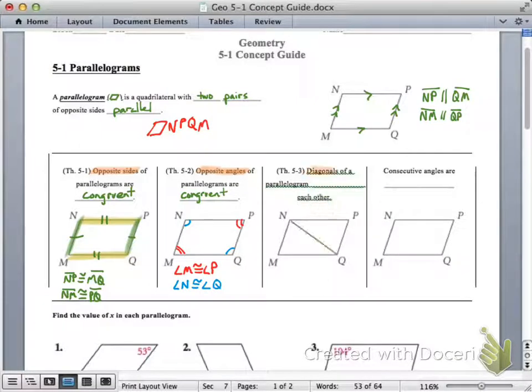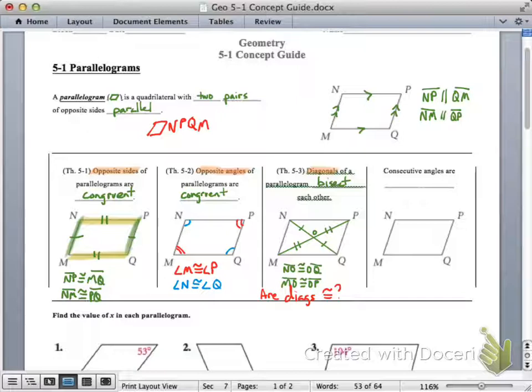The diagonals of a parallelogram, these are the diagonals. NQ is one of the diagonals, and then segment PM is the other diagonal. Well, they bisect each other. So they cut each other in half. So if we name the point where they intersect point O, then O is a midpoint of these two diagonals, and we can say that segment NO is congruent with OQ, and then segment MO is congruent with OP.